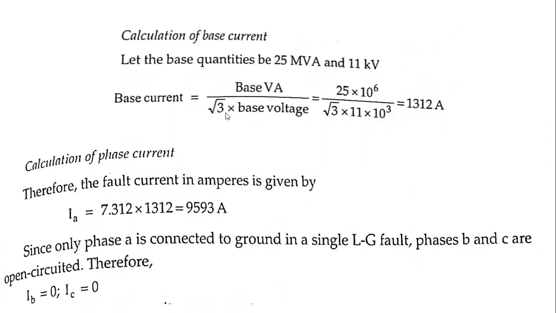The 25 MVA will be converted into VA, that is 25 into 10 power 6, divided by root 3 into base voltage.